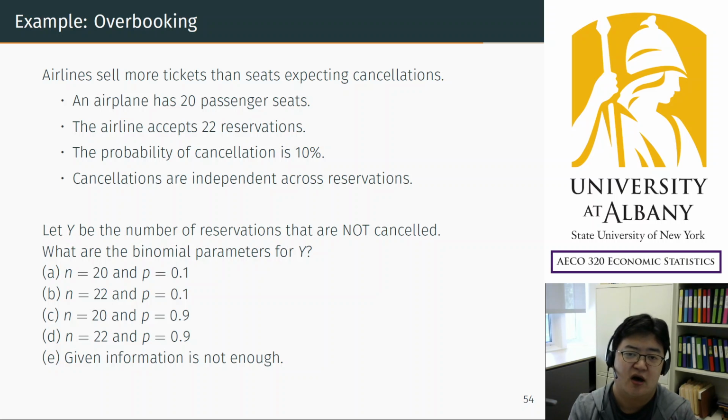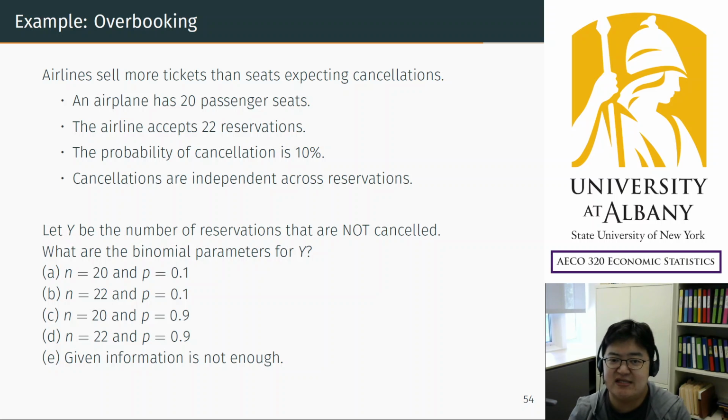To simplify the situation, let's choose simpler numbers here. Suppose that there is an airplane that has only 20 seats. For simplicity, I chose a small number.